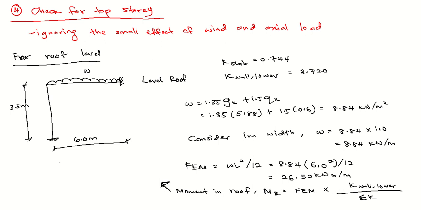So MR equals to 26.52 times the K for wall lower, which is 3.720, divided by the total K. You just have K of the wall 3.720 plus, for the K of the slab, remember to take only half of it. Just half, 0.5 times 0.744.